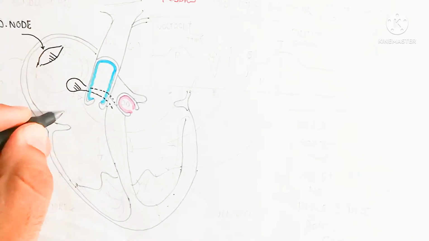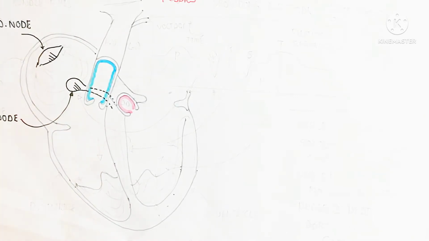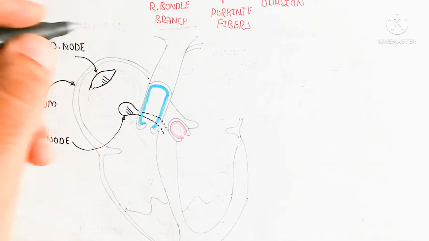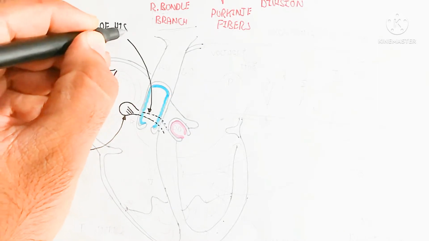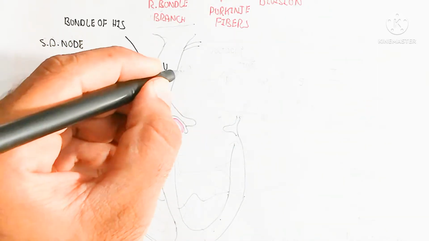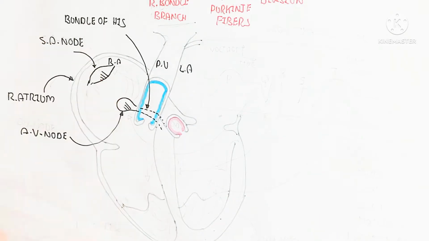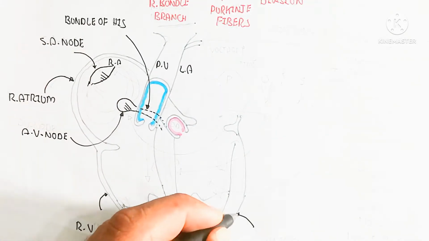Here is the sinoatrial node, and this is the atrioventricular node, which travels along the bundle of His toward the divergence into the right ventricle and left ventricle, to the Purkinje fiber. I am not explaining it again, so you can understand.